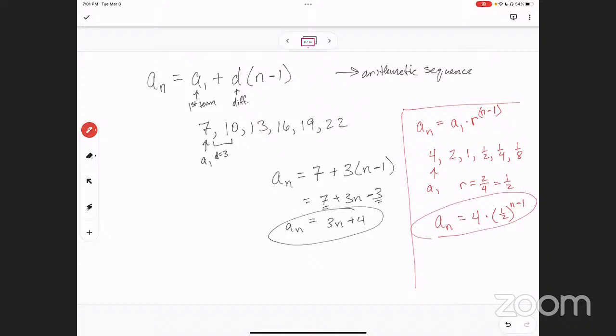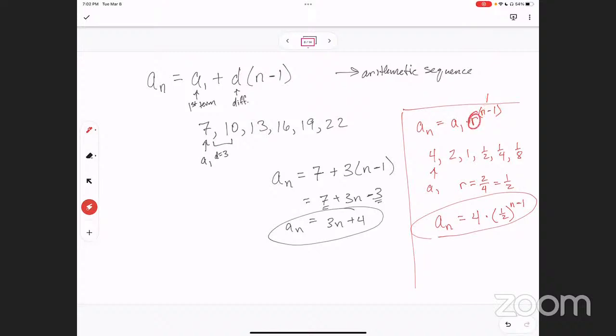All right. And again, look at what happens with this. How many times to go from 4 to 2, how many times did I multiply by the common ratio? Once. And that's why I look up here. If I plug in 2 for a sub 2, you're plugging 2 into this little formula up here. 2 minus 1 is 1. There's your one time.